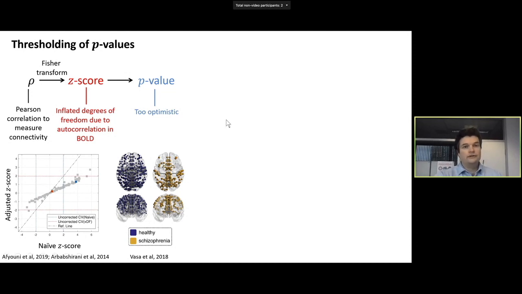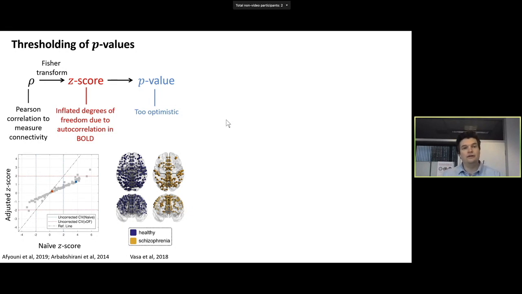In what I've discussed so far, thresholding has been performed on connectivity strength. An alternative approach is to cast thresholding in a statistical framework. In the case of functional connectivity, we can convert the correlation coefficient to a z-score, and then convert that to a p-value, and thresholding can be performed on the p-values in a statistically principled way.